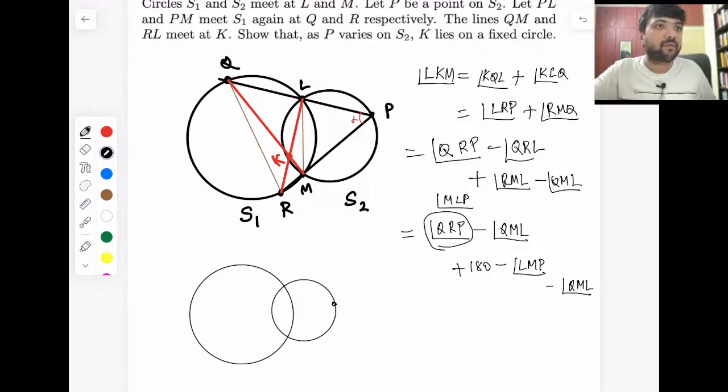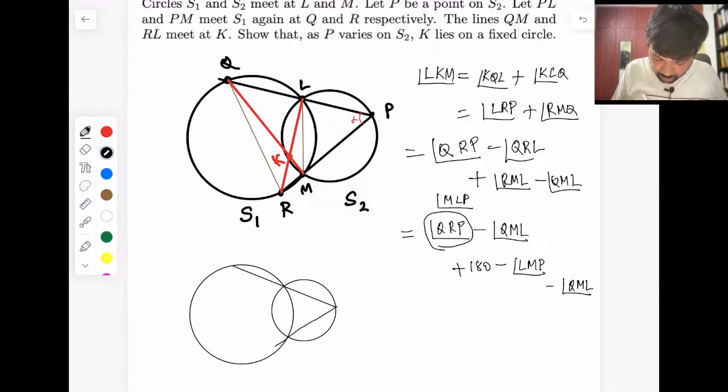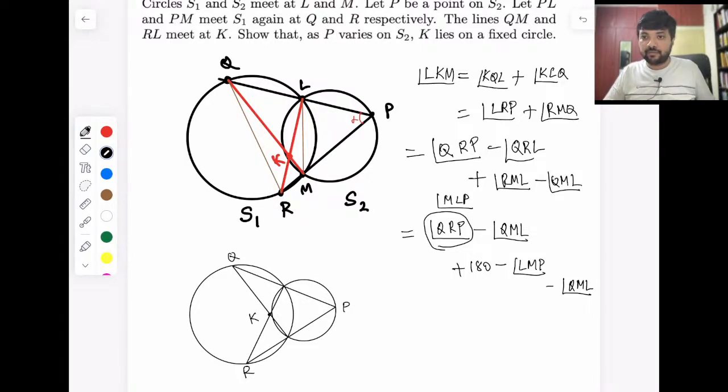Okay. P, Q, R. Okay. What will this look like?